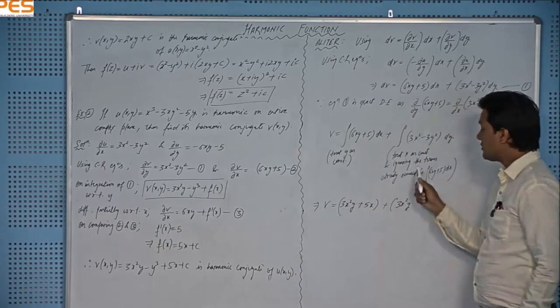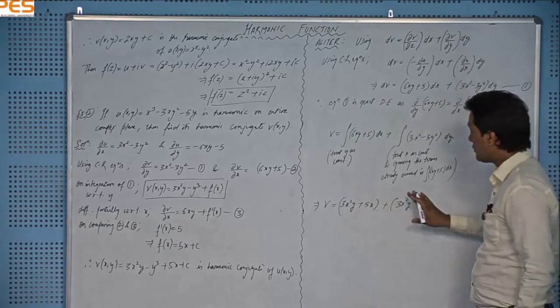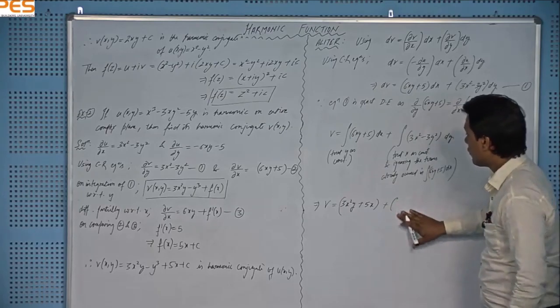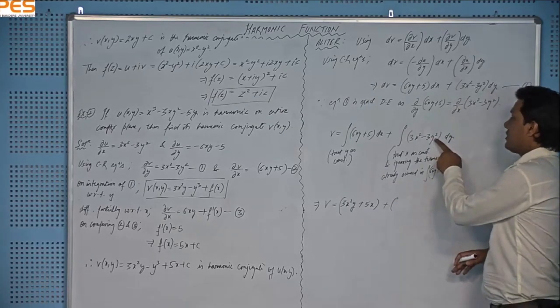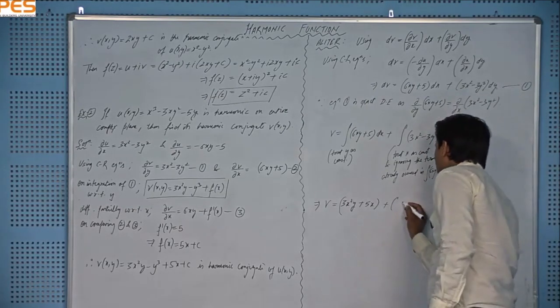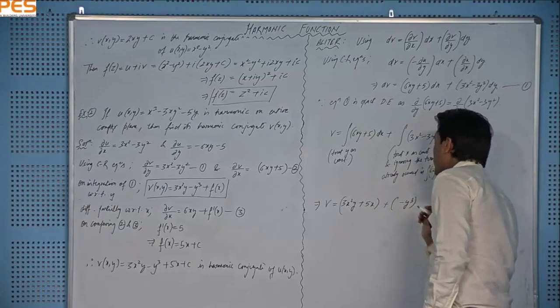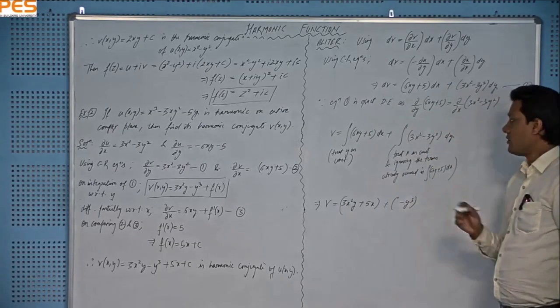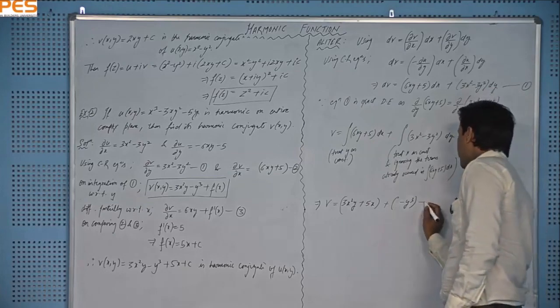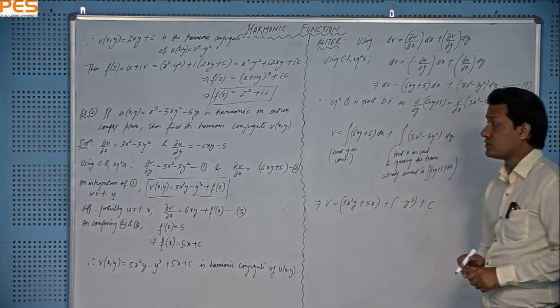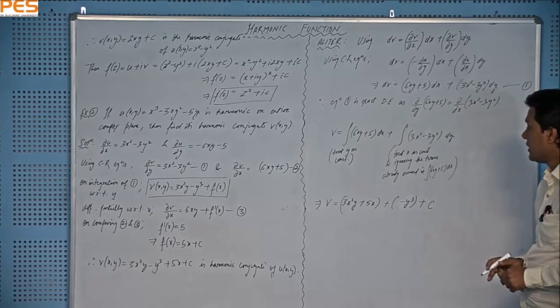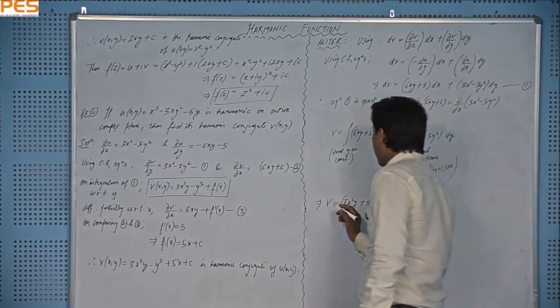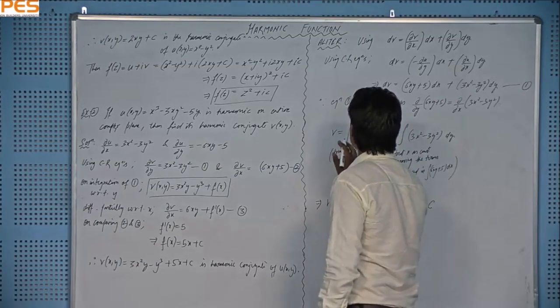But you can see that this term has already occurred here, so I will not write this term, following this rule, and integration of the remaining term will give me minus y cube, and obviously plus c, constant of integration, right. So this is my v of x, y.